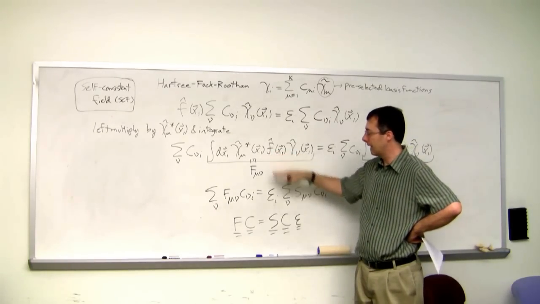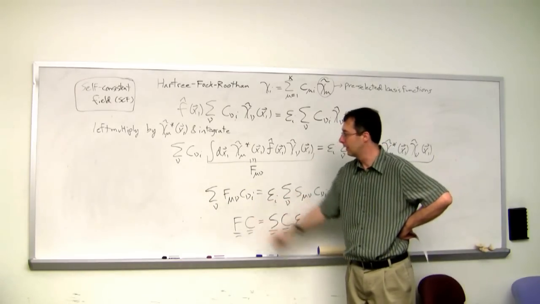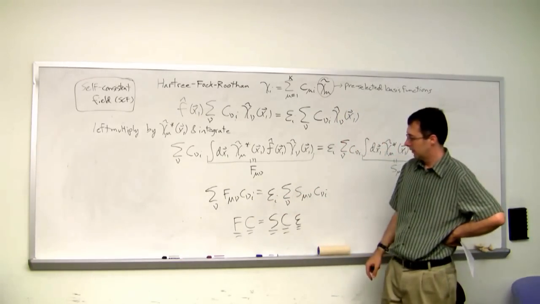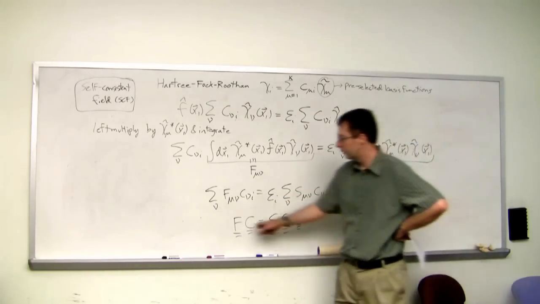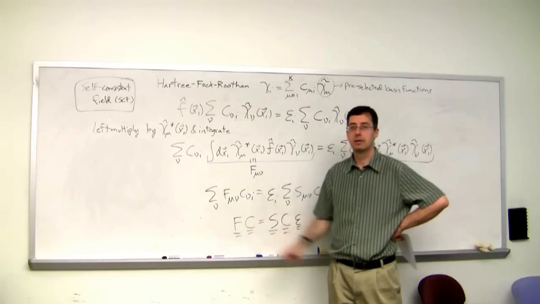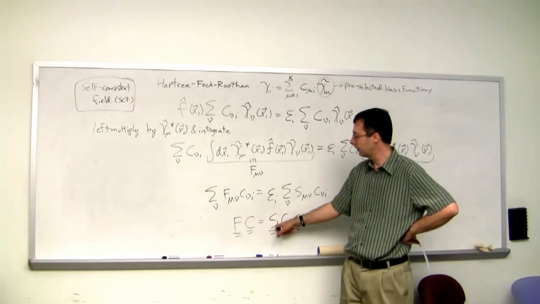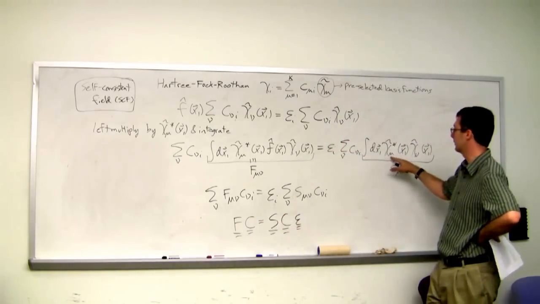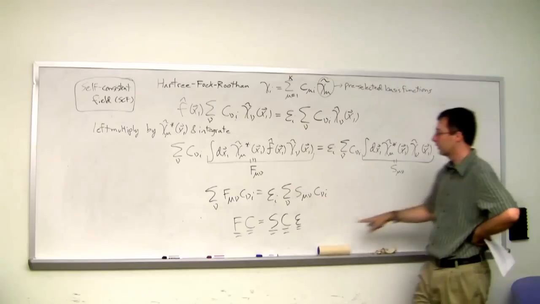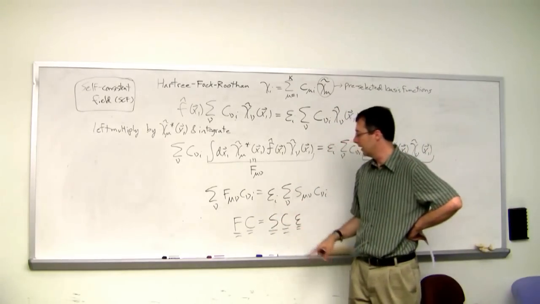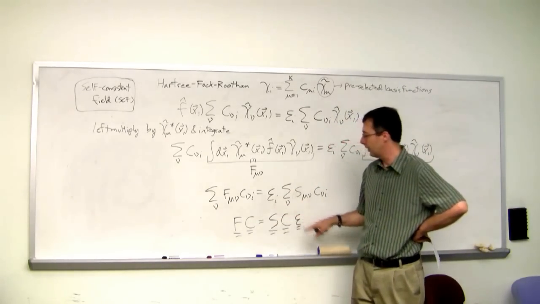If I have these, I can fill out a matrix of these. And, well, that's what I need. So the known quantity is F, and the unknowns are C and epsilon. S is also known because if I know the basis functions, I can work out these integrals. So you're given F and S, and then you solve for C and epsilon.